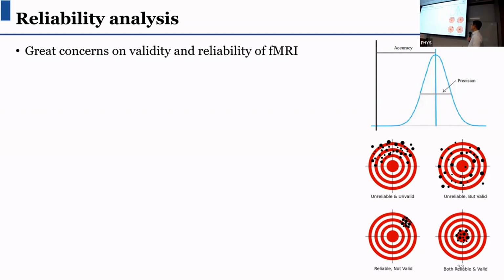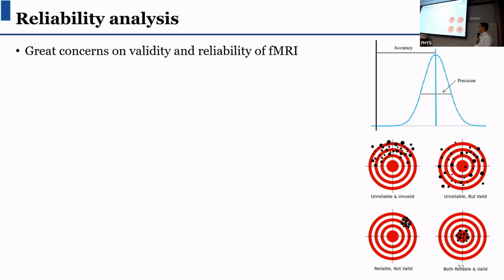If you get results that are quite repeatable between each experiment, it's quite reliable. But if the mean effect is not localized at the central part, the true effect, that means the result is not valid.